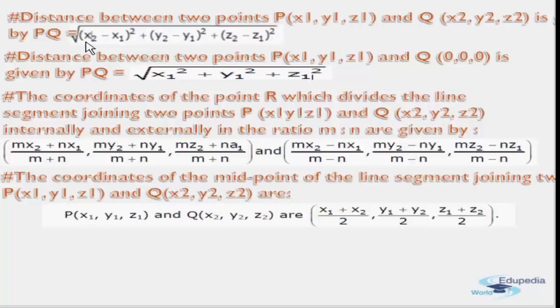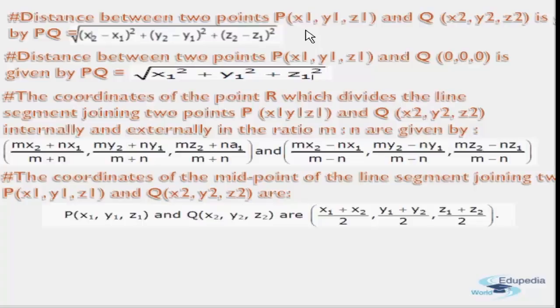So now we have a third point in this, so we're just going to add the third point into this, z2 minus z1 whole square, and you're going to have the formula for the distance between 2 points P and Q, which have xyz and xyz for Q as well. So this we studied in the two-dimensional geometry. We had two coordinates over there, x and y's, so we made a formula out of that. Over here we have 3, so we have a formula out of that.